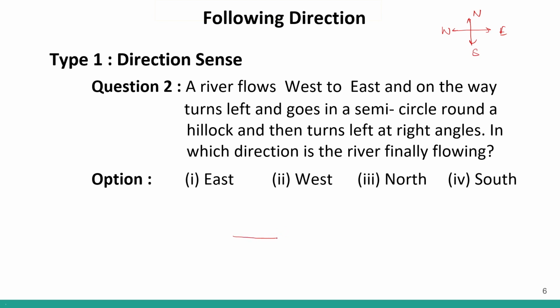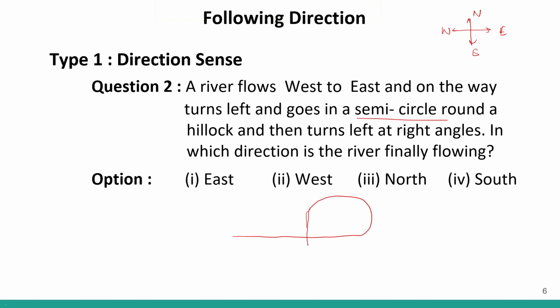So if it is flowing like this, it will now flow like this. This will be the direction and it goes in a semicircle. So it means that the river is going like this and it made a semicircle. Right? It made a semicircle. And then it turned left at right angle.